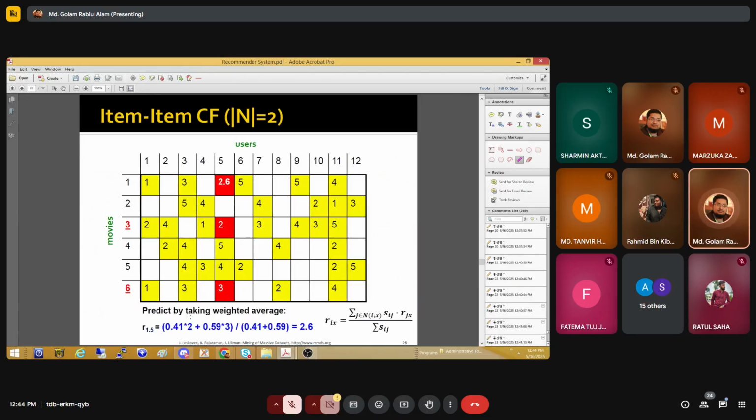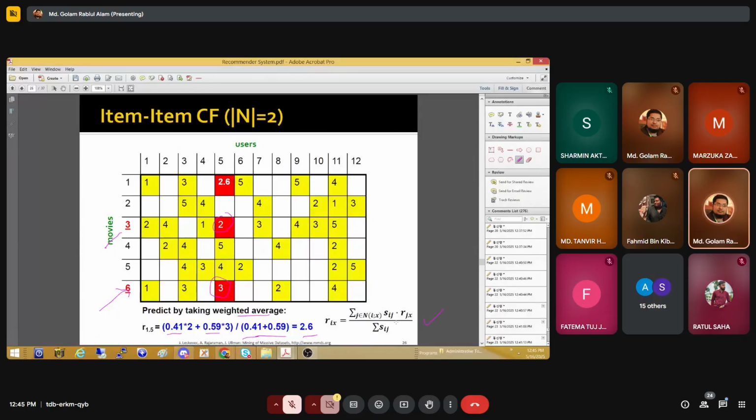Now we predict by taking the weighted average. Item 6 has similarity 0.59, so 0.59 times the rating 3, plus 0.41 times the rating 2, divided by the sum of the similarities, 0.59 plus 0.41.